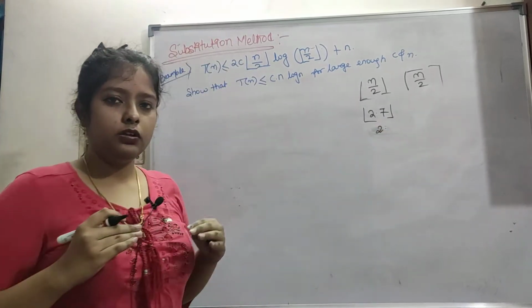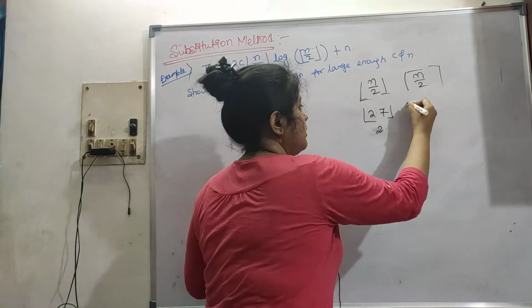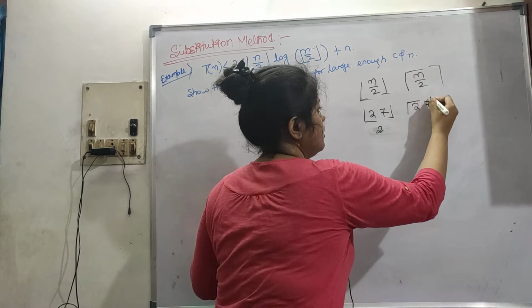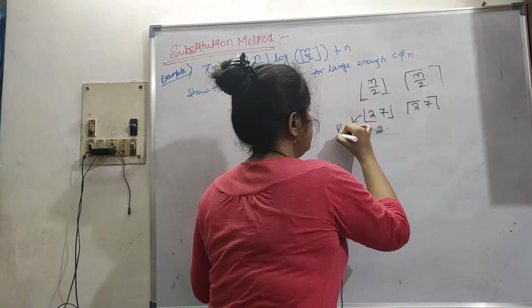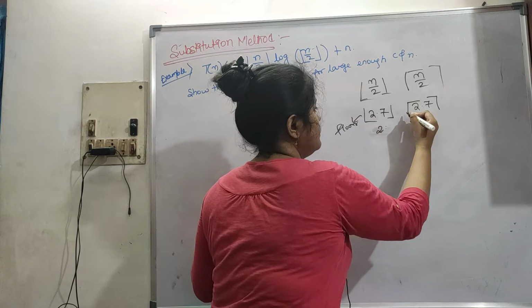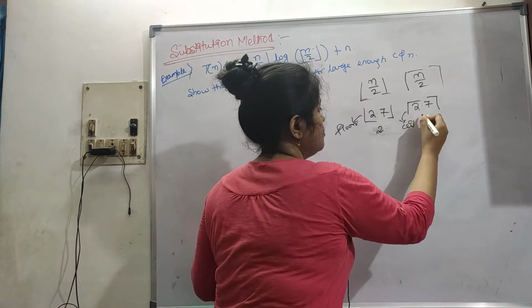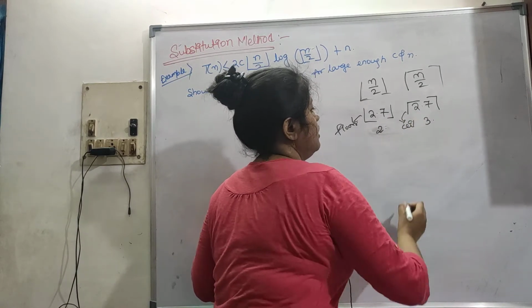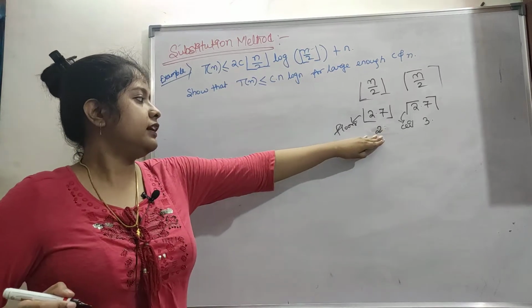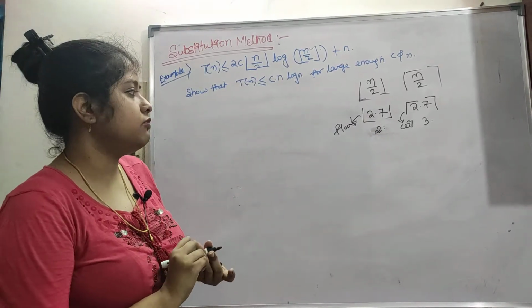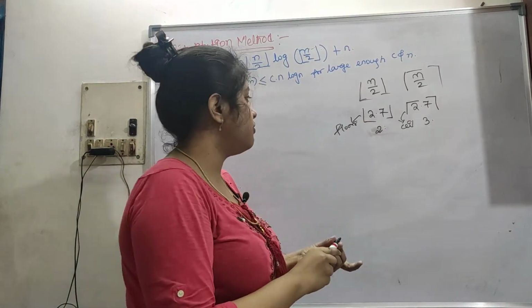It will take the lowest value. If we take the ceil value of 2.7, it will be 3, and the floor value will be 2, because this is just to round off the figure.